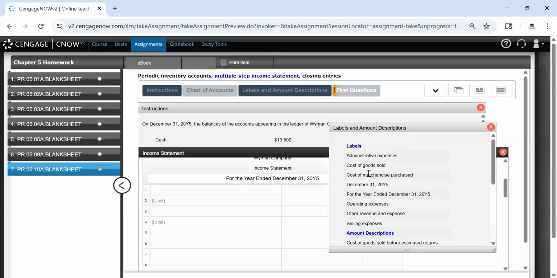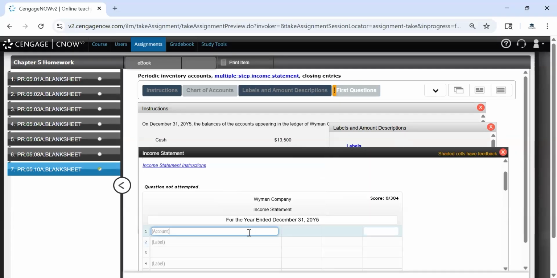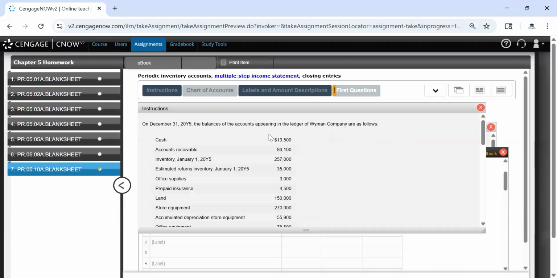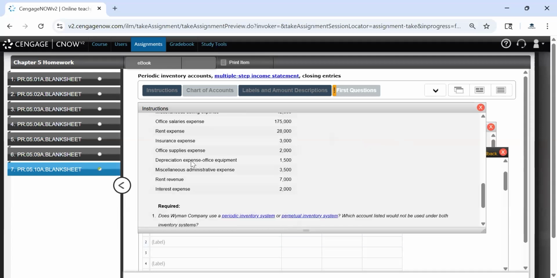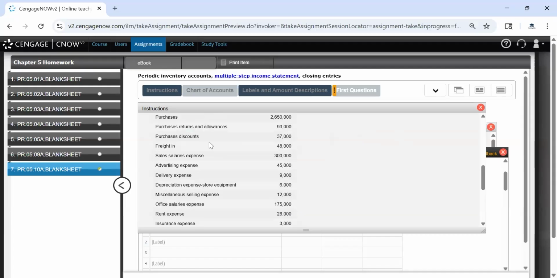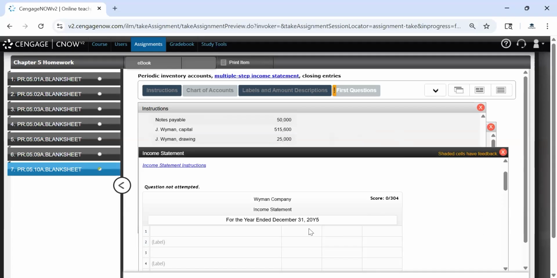And what's the first item in the income statement? It's going to be sales. So we look through our balances and we find sales of 3,280,000.